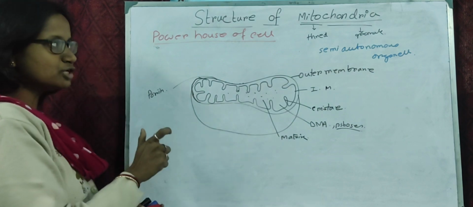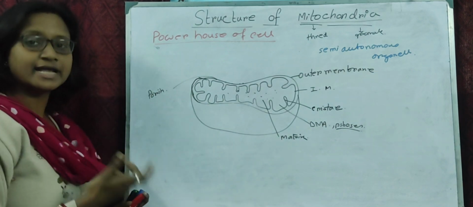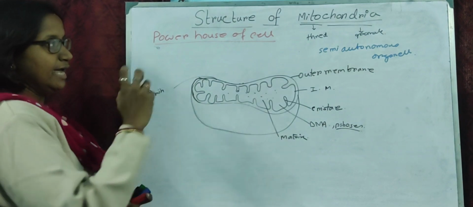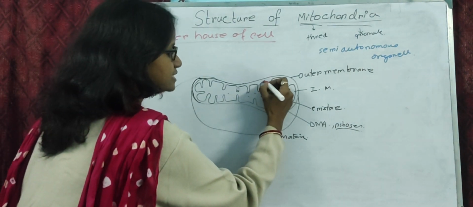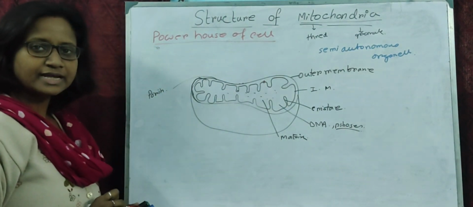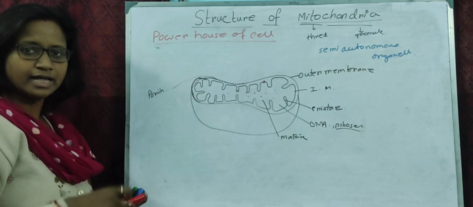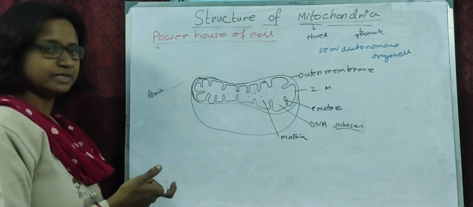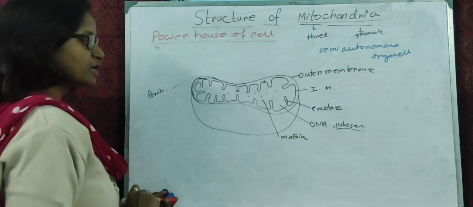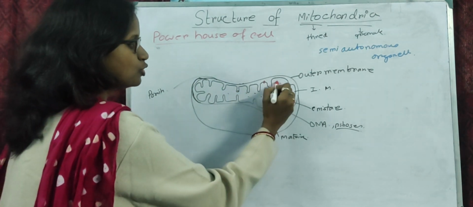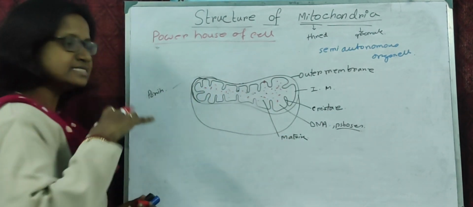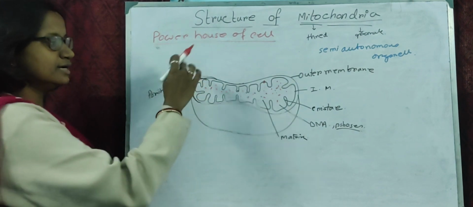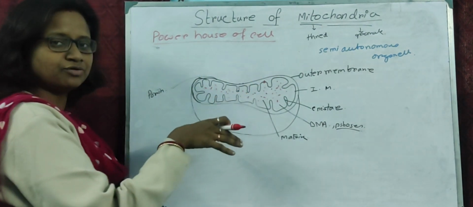It's called the powerhouse of the cell because it produces ATP. ATP synthase is the protein located in the inner membrane. That protein helps to form ATP, and that ATP is stored inside the mitochondria, at the lumen of the mitochondria.